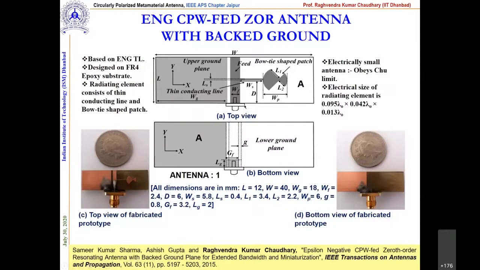Now we did an extra thing: we provided a reflector at the back side of the bow tie shaped patch. You can see this metallic patch at the backside. When we arrange it in such a way, drastically we accommodated a very small frequency.